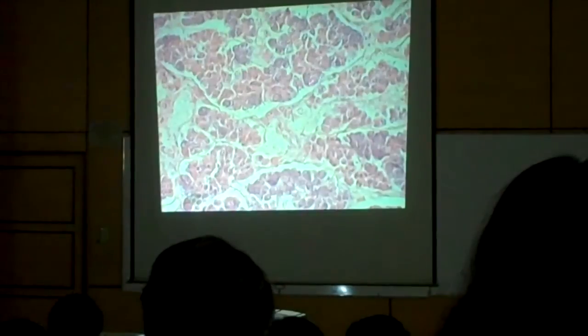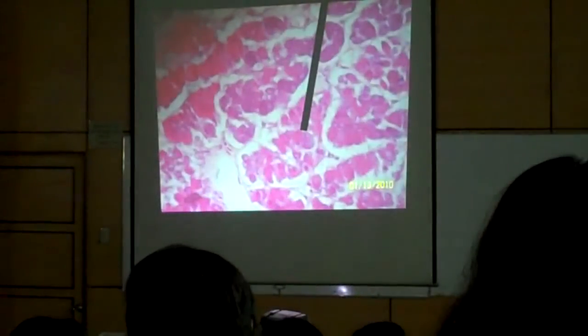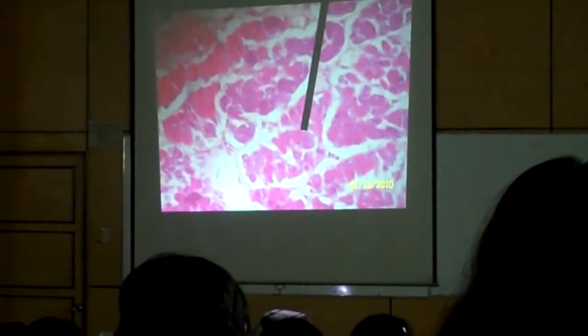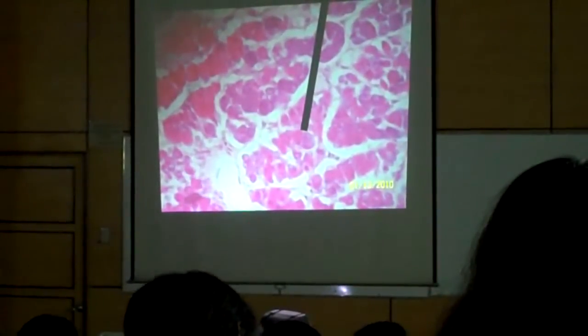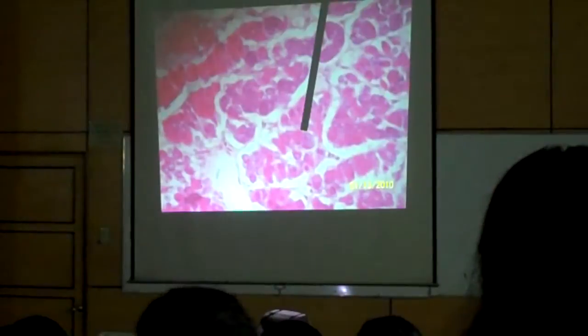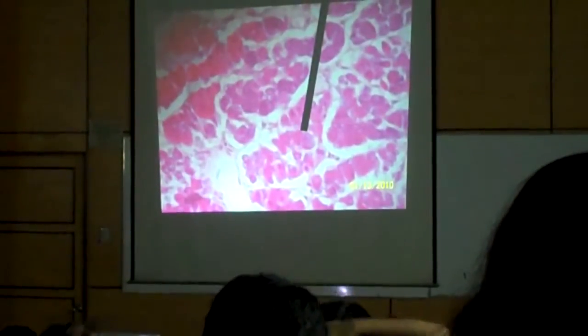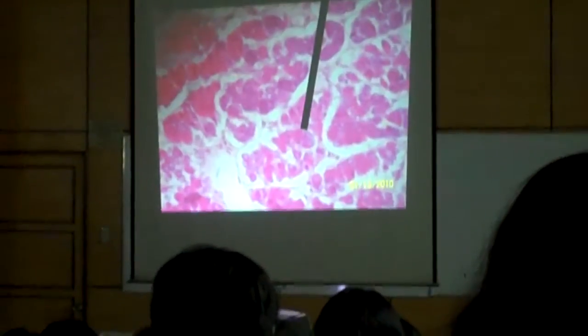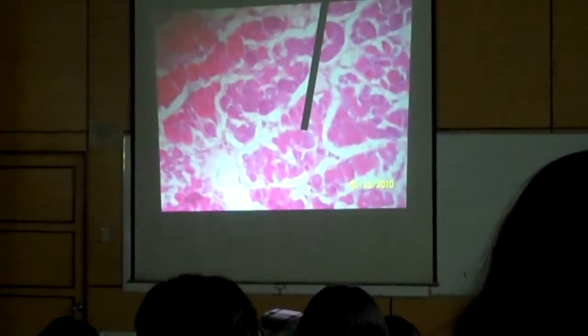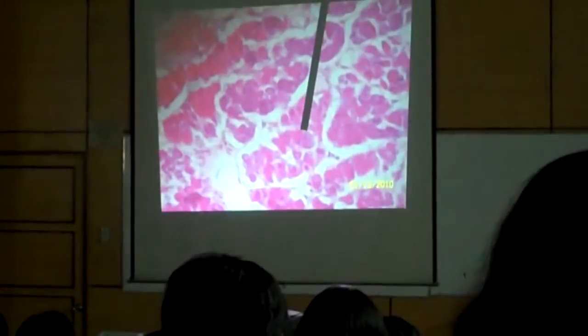Of course, if we ask you the type of cell, it's in high power. But if we look at low power, you can readily recognize it. It's better to focus on low power, so you will see the architecture of the organ.